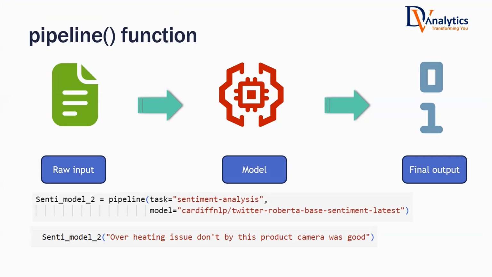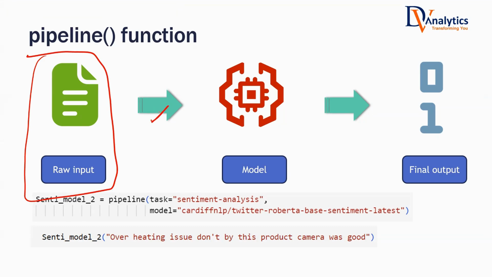Have you executed until the text generation part? Done? Yes. So until now, whatever we have seen is behind the pipeline. That means when we gave the raw input, this pipeline function is writing a couple of lines of code internally to convert the data into text tokens.